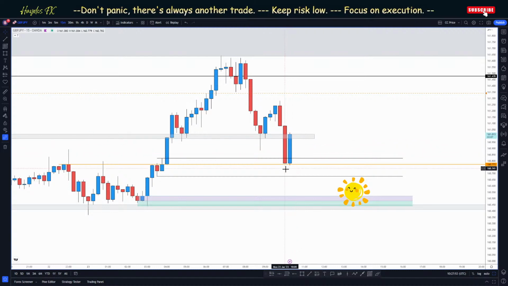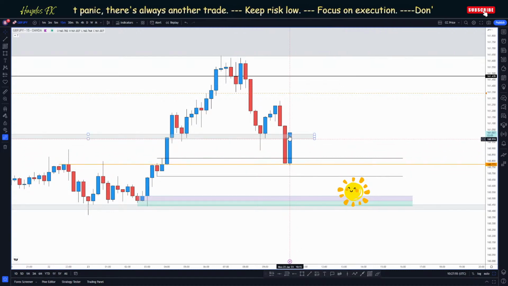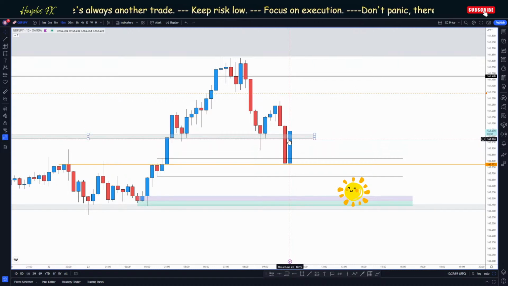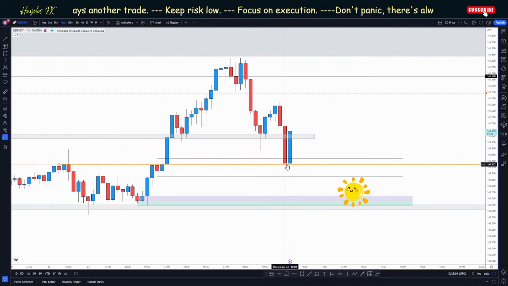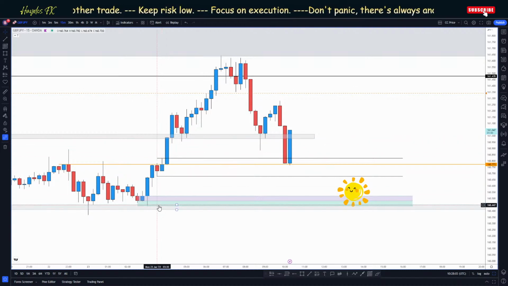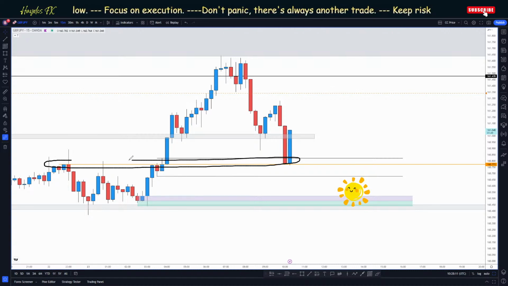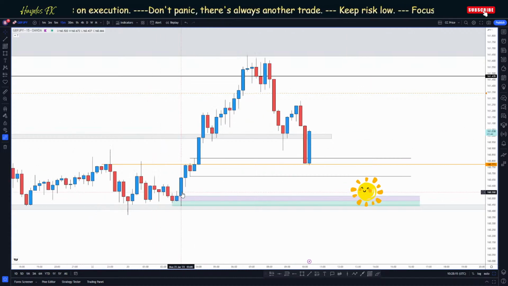It's just the way you have to manage these things. I didn't want to take profit here. I did want to hold for the full range, but I was very careful at these areas because I already flagged them as my danger zone, because this is structure.